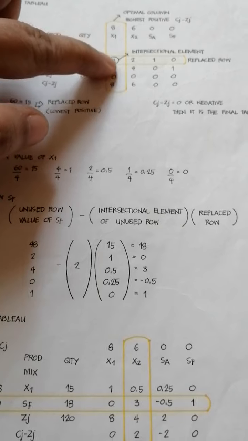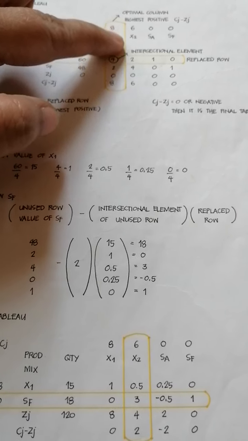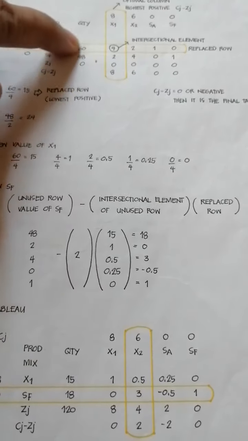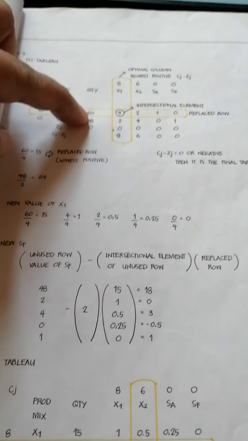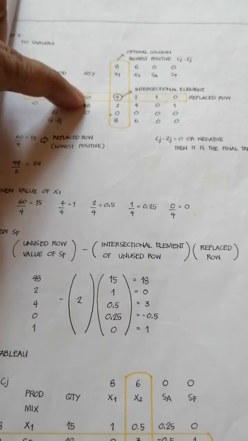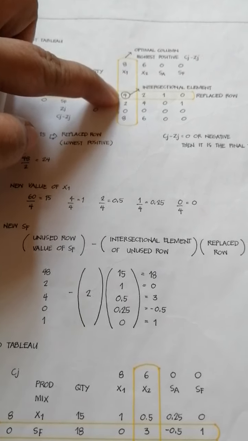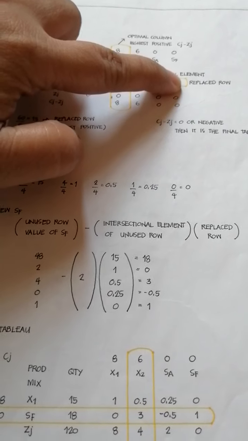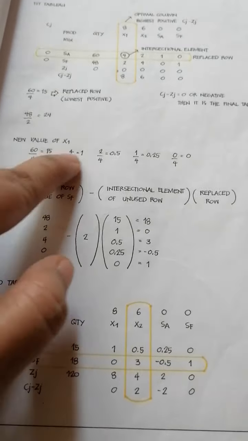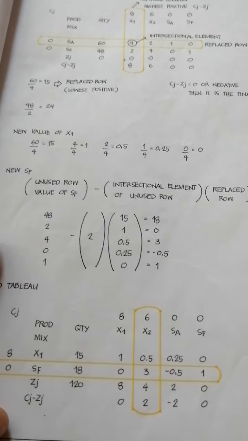The intersectional element between the optimal column and the replace row, which is 4, will be the denominator. So we will have 60 over 4, 40 over 4, 2 over 4, 1 over 4, and 0 over 4. Okay? So that will be the new value of x1. So you have 15, 1, 0.5, 0.25, and 0.